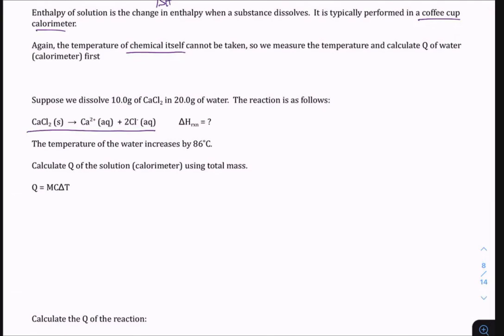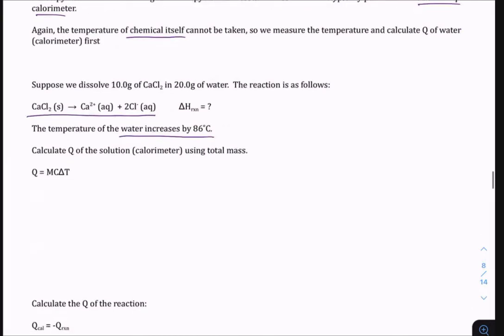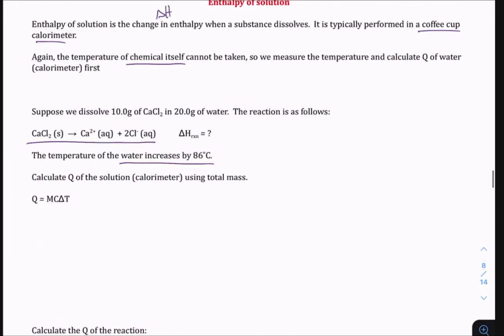Okay? So let's say that in doing this, the temperature of the water increases by 86 degrees. Let's calculate the Q of the solution using the total mass. Okay, so let's take stock of everything they just mentioned. 10 grams calcium chloride into calorimeter.